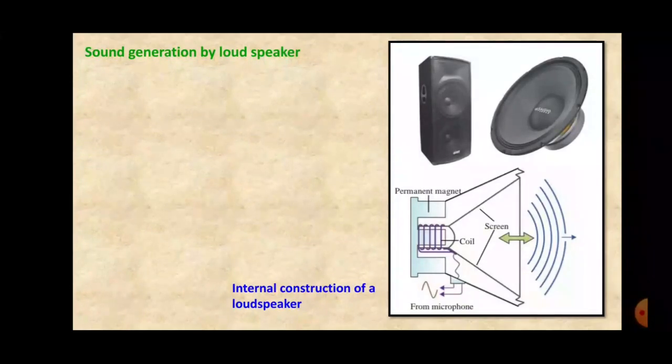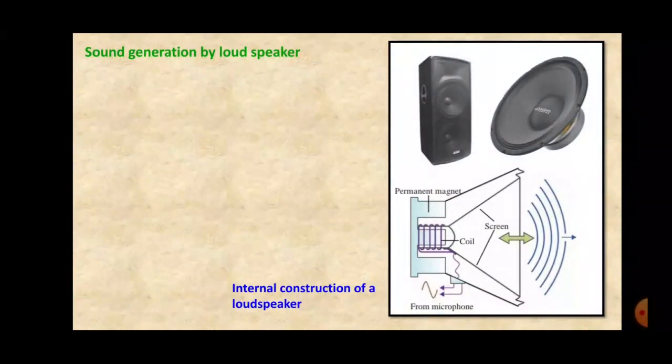As you can see in the picture, students, there are two permanent magnets, and in the center there is a coil and there is a screen. Next time when you see a loudspeaker, just go and stand in front of it and observe the screen which is there on the loudspeaker. It vibrates when the sound is produced.